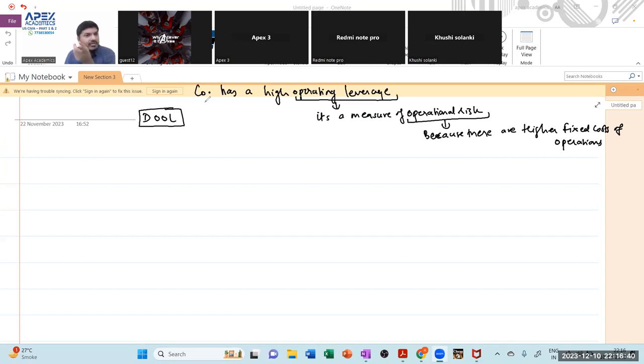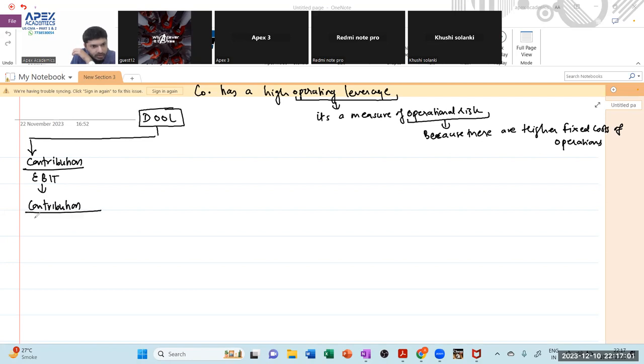If you have seen and attended them, what is essential for you to note is that we have good notes of this in the DOL charts. What is the first note on the DOL chart? The first note is DOL is equal to contribution upon EBIT. This can also be written as contribution upon contribution minus fixed cost.